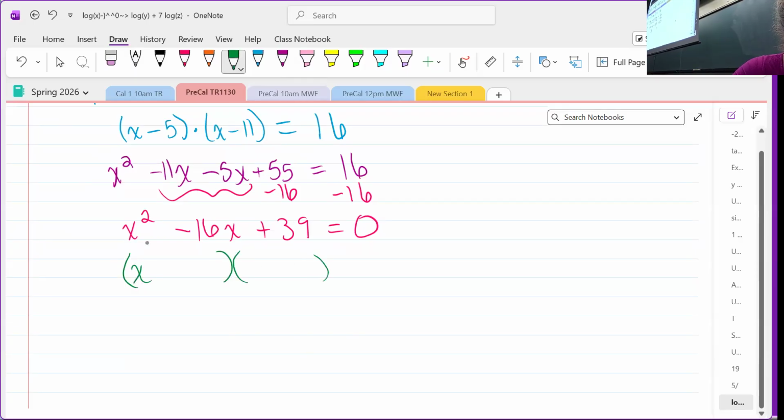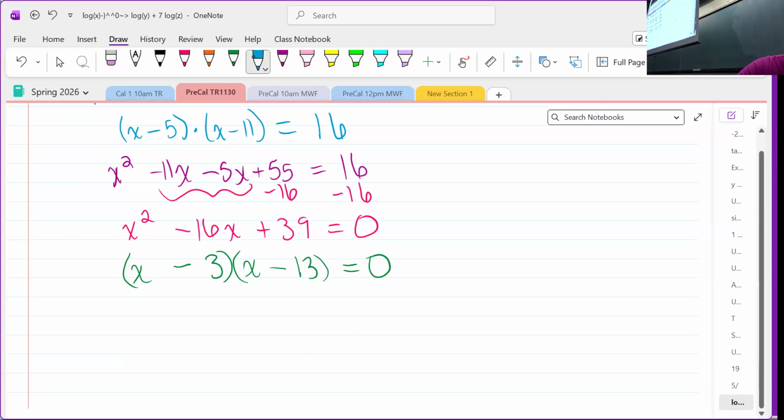So x squared I can only get from x times x. 39, not a lot of ways to multiply 2 numbers and get 39. 1 and 39 are too far apart to give us 16, but 39 is divisible by 3, and 3 goes in there 13 times. So 3 plus 13 is 16, but I want negative 16, so I'm going to make both of them minus. So x minus 3 times x minus 13, that is our factored form.